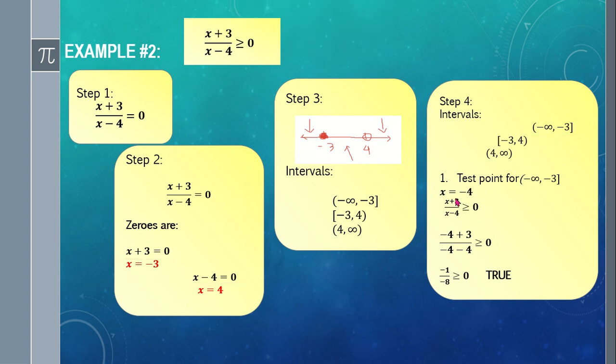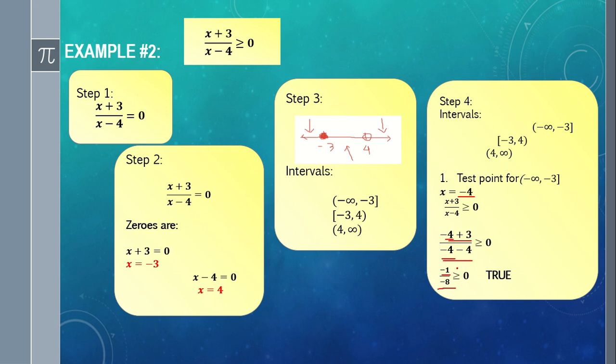So here we go for our test points. We substitute now negative 4 to our original inequality. So x will turn to negative 4, and negative 4 here also on the numerator. And then we are going to simplify that. Negative 4 plus 3, that is negative 1. And then negative 4 minus 4, that is negative 8.